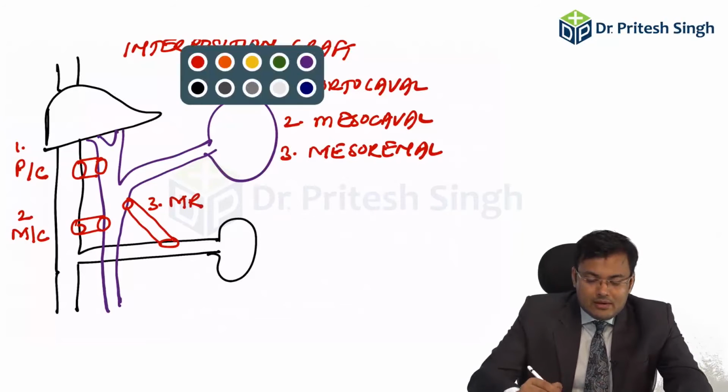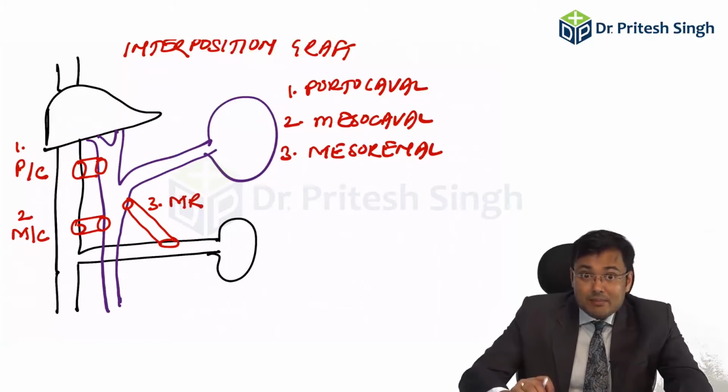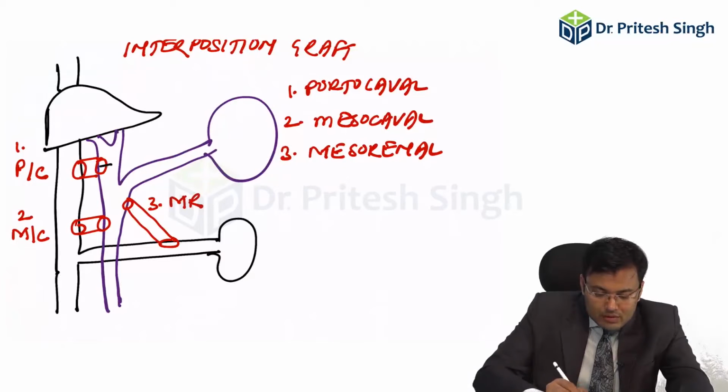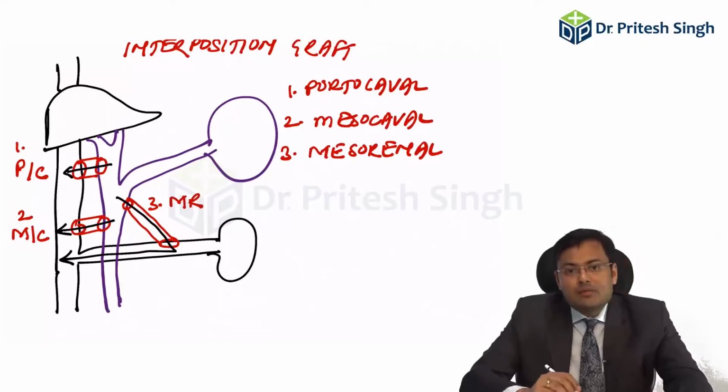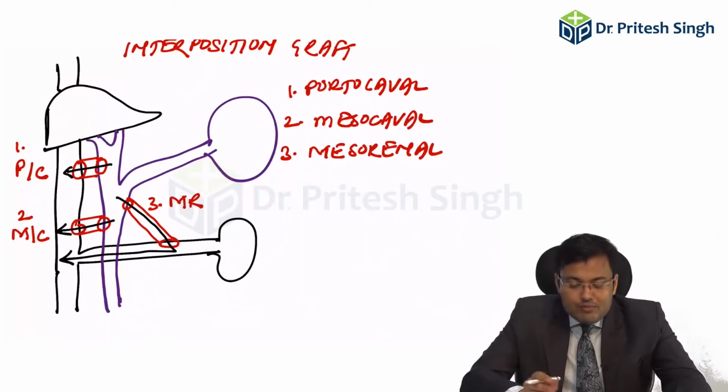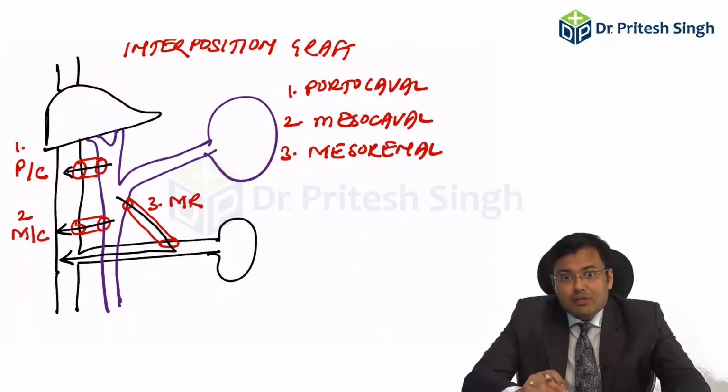After that, there is PSRS, proximal splenorenal shunt. Before that, can you see again in this how the blood is going to flow? Like this, like this, like this, like this. So blood is going to flow. Some of you might be thinking that only portal blood is going into IVC or IVC blood will also come into portal vein.